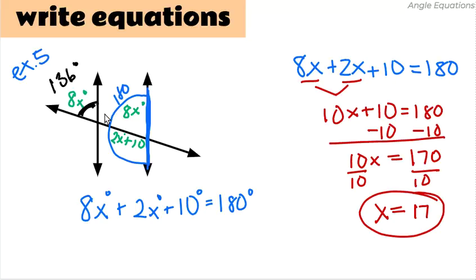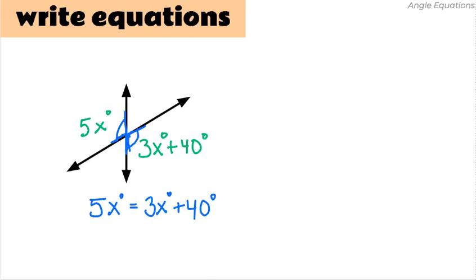So if they ever ask you, what's the measure of this angle, and you have x's everywhere, you'll have to solve for x and then substitute to figure out the angle measurement. Okay. And our last example, 5x equals 3x plus 40.